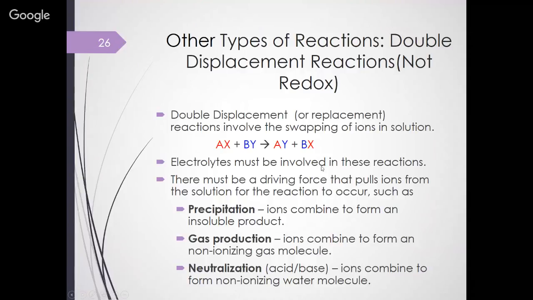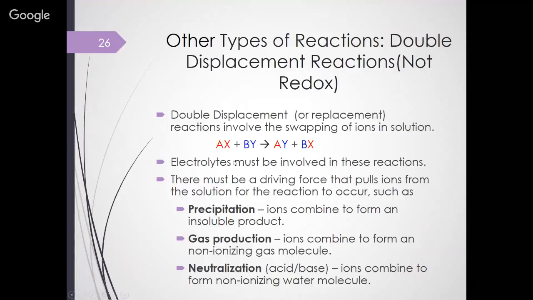So we always have to have electrolytes involved in these reactions because they have to be able to exist in their ionic form so that they can switch partners. We studied these at the beginning of this lecture by looking at precipitation, gas production, which is where we end up with a gas, and the acid-base or neutralization reaction.